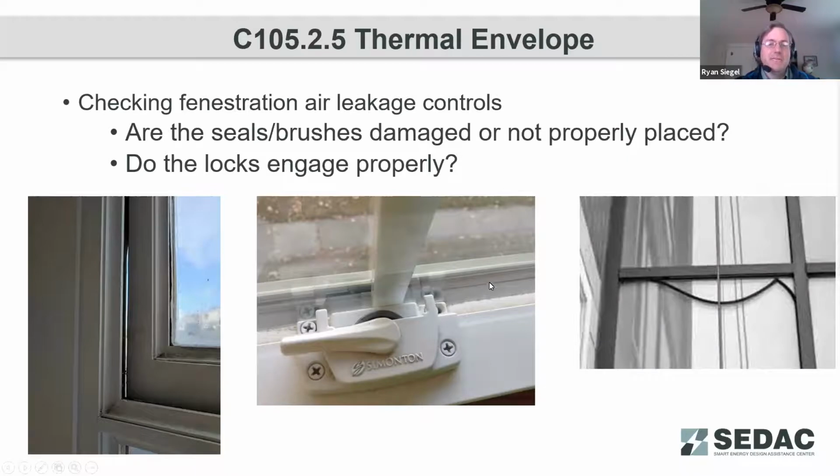I need to have some attention addressed." So making sure that we go through and do that air barrier testing can be very valuable for commercial buildings because they do have a lot of site-built windows, and so making sure that all those gaskets were installed correctly.